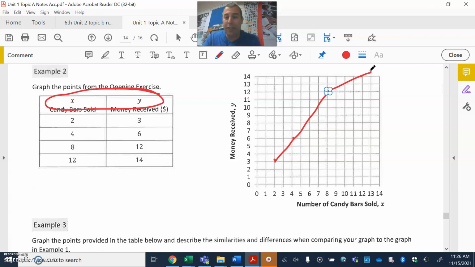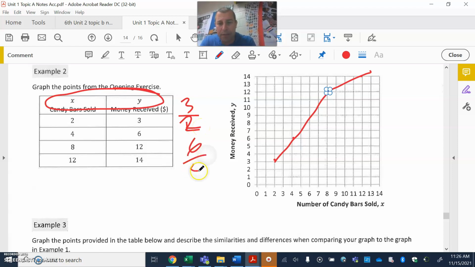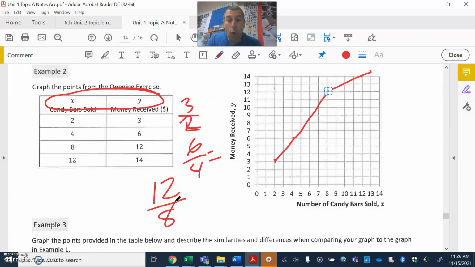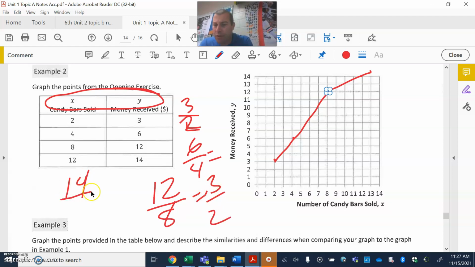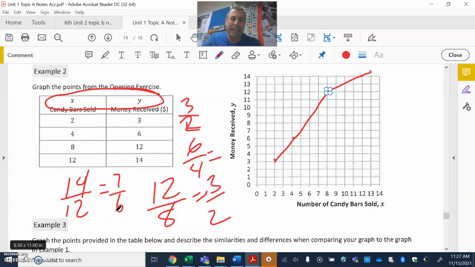Remember, if we come back over here, we do our y divided by x, and I should get that 3 halves every time. And sure enough, 6 over 4 simplifies to 3 halves. 12 over 8, if I divide by 4, I get 3 halves. But if I take 14 over 12 and simplify it all the way, I'm getting 7 sixths. And that tells me there's not a constant.